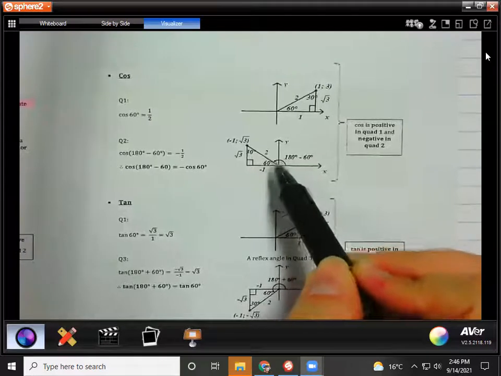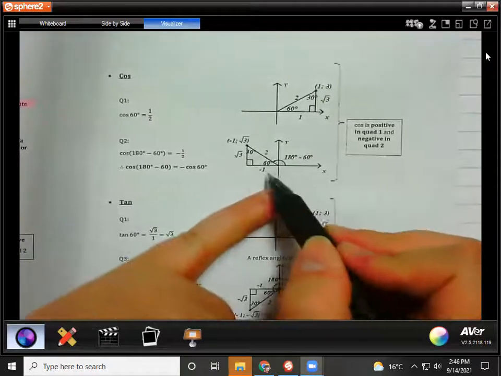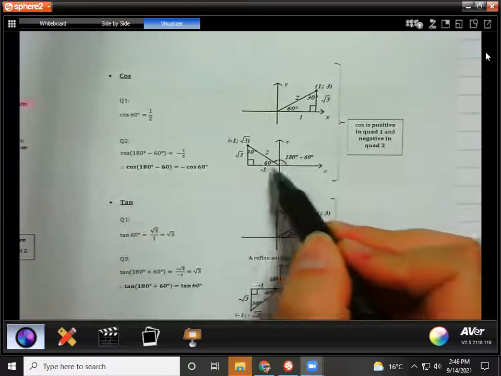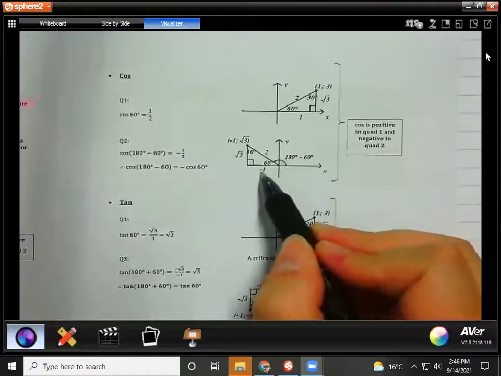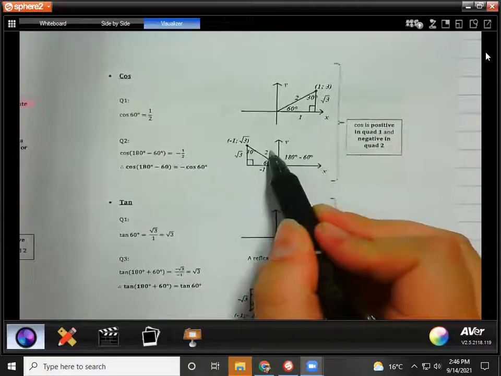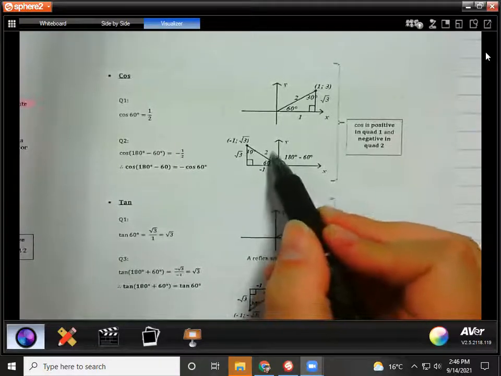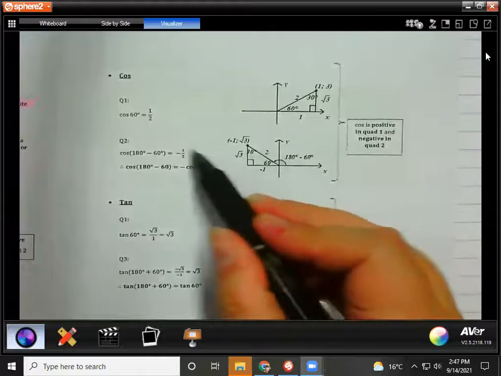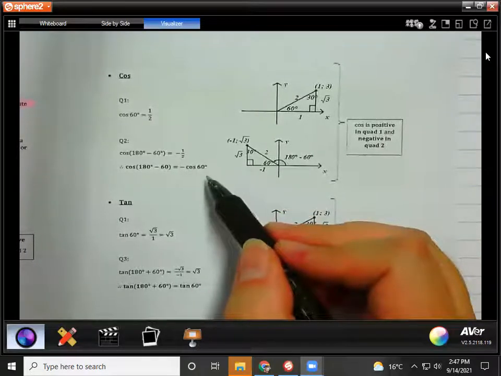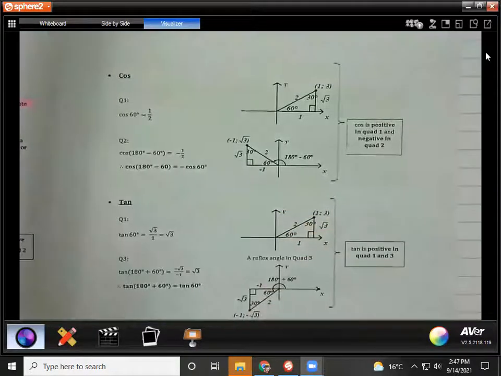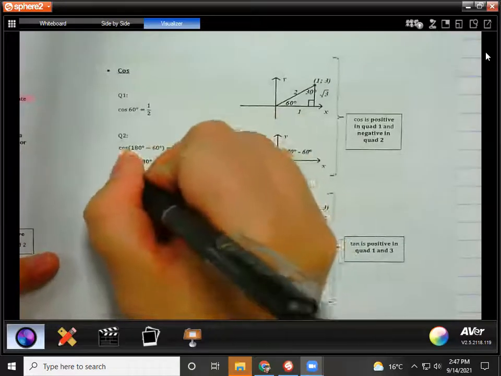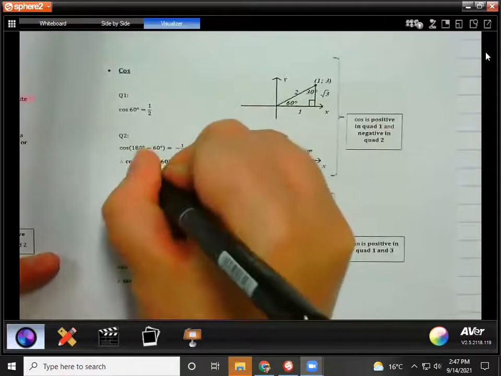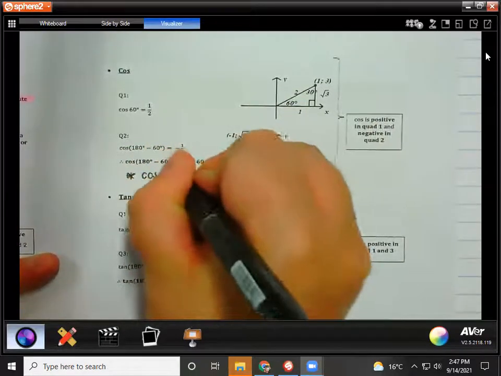Now, cos of 60, if we're looking at this triangle, because remember our x length is now negative, it's going to be adjacent over hypotenuse, so negative 1 over 2, which is negative a half. But what they're trying to show you here, they just didn't pull it all together, is if they are asking you to find, write that down please, cos of 120.